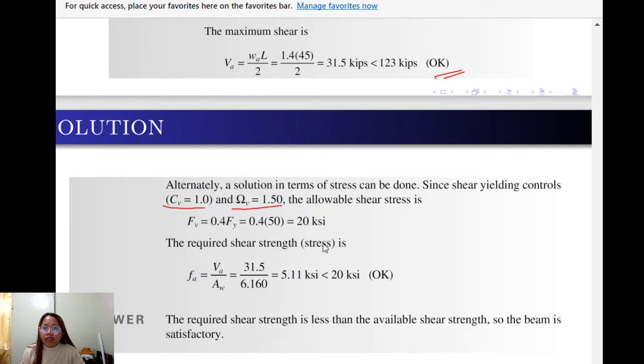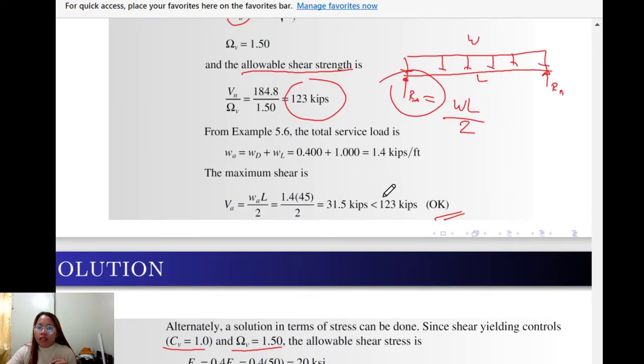So the required shear strength is the applied shear force divided by the area of the web, which is equal to 5.11 ksi. This 31.5 is the applied shear force, 31.5 kilopounds, divided by the area of the web.